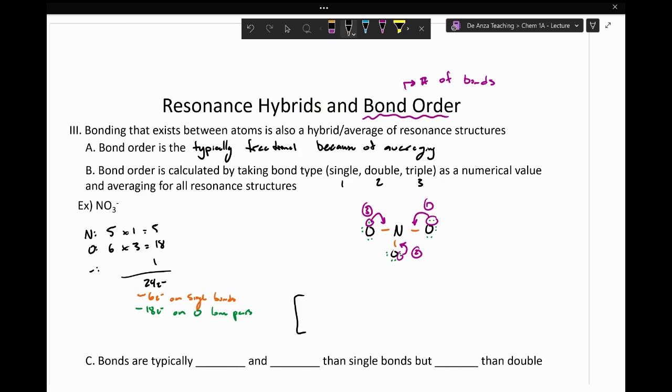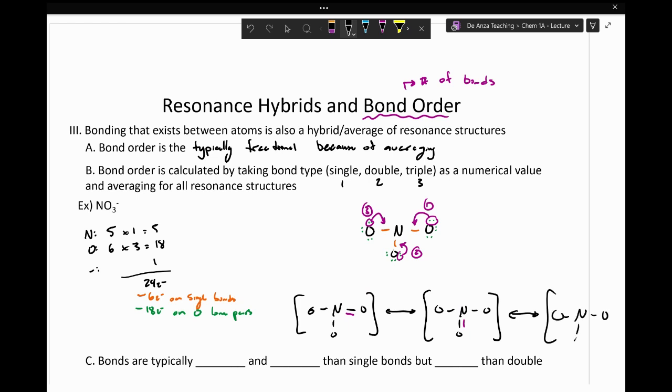So we have our nitrogen, oxygen, oxygen, oxygen, and we'll double bond here for number 1. And then I'll put that in brackets. And that is equivalent to number 2, which is nitrogen, oxygen, oxygen, oxygen, double bond here, which is equivalent to this one right here, nitrogen, oxygen, oxygen, oxygen, with a double bond here.